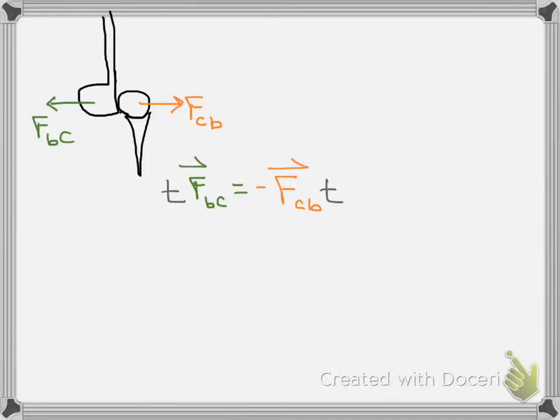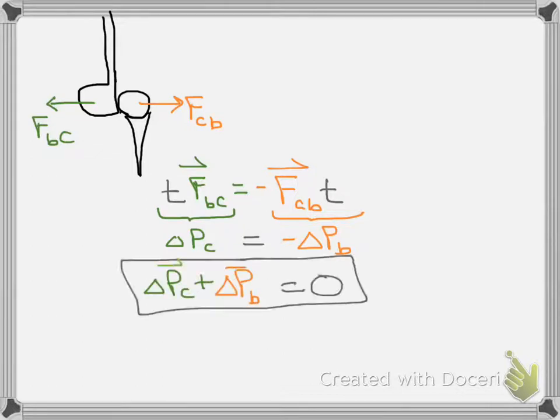I haven't changed anything. So we have the change in momentum of the club equals negative the change in momentum of the ball. Or in other words, the change in momentum of the club plus the change in momentum of the ball equals 0.